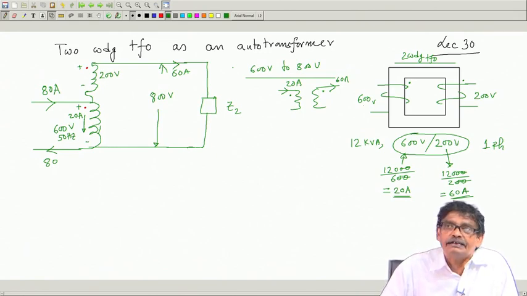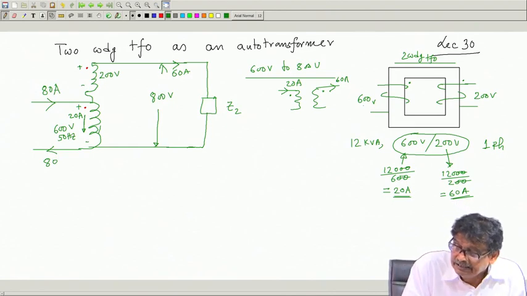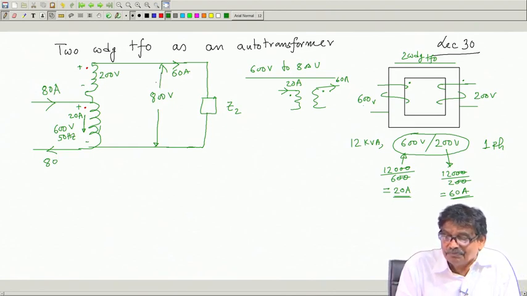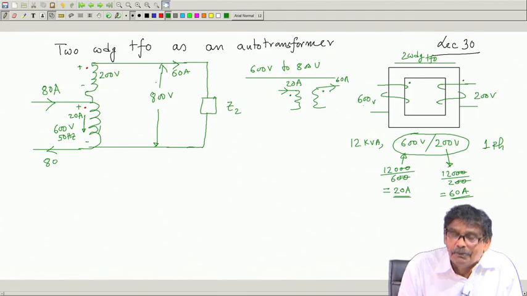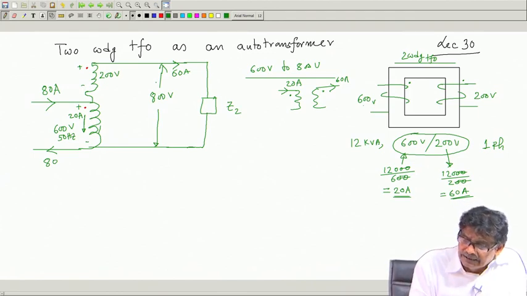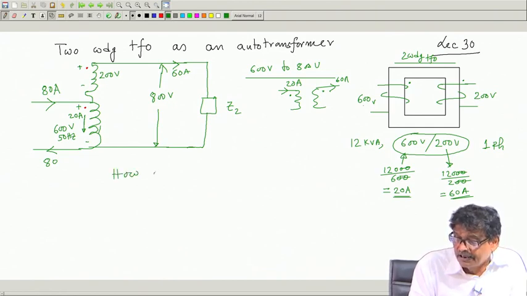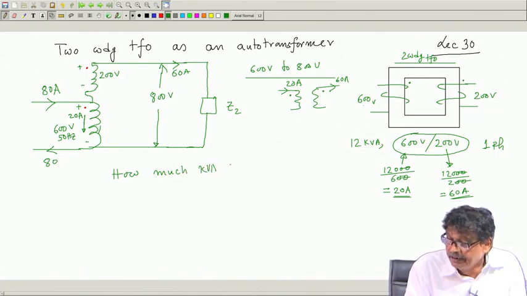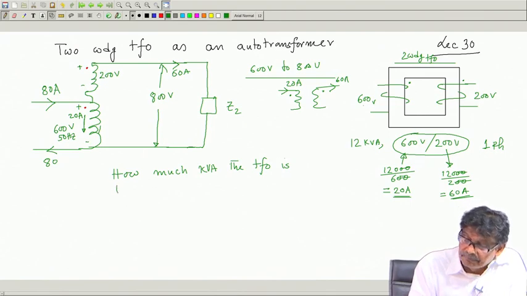But one interesting thing has happened, that is if you now look with an open mind, you will see, this way if you connect, how much kVA the transformer is handling, that is the question.